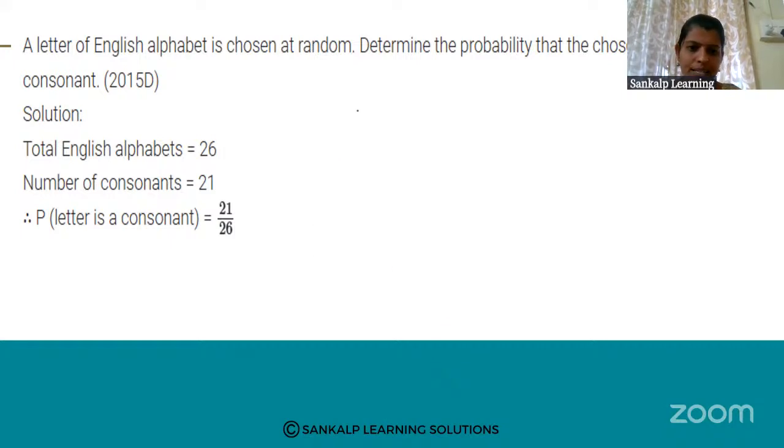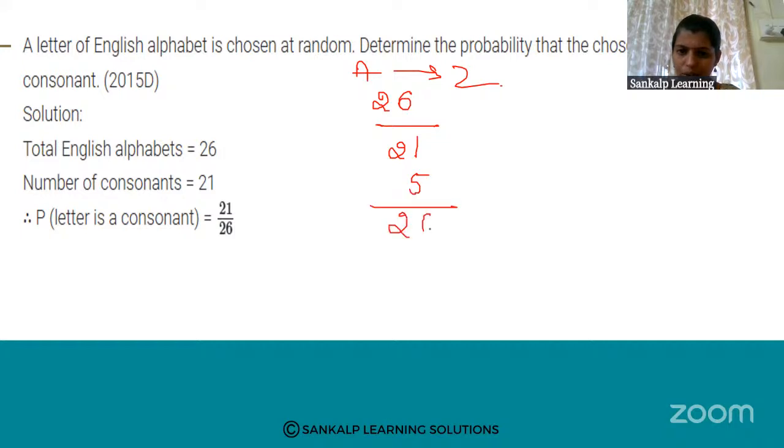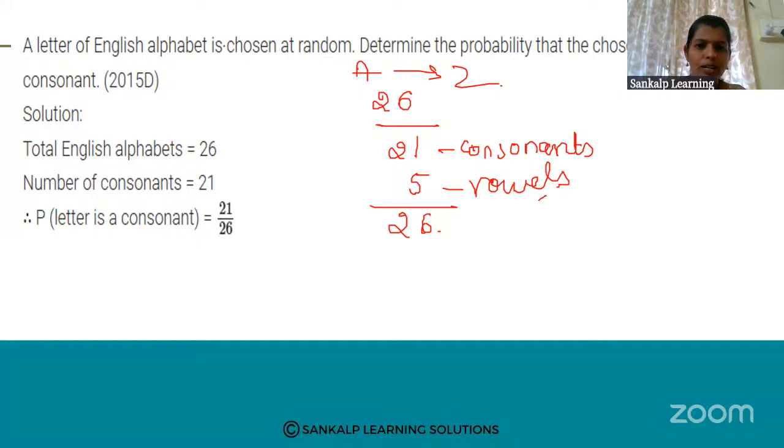We know 26 alphabets are there from A to Z. Of these 26, the number of consonants is 21 and the number of vowels is 5. Now, determine the probability that a chosen letter is a consonant.